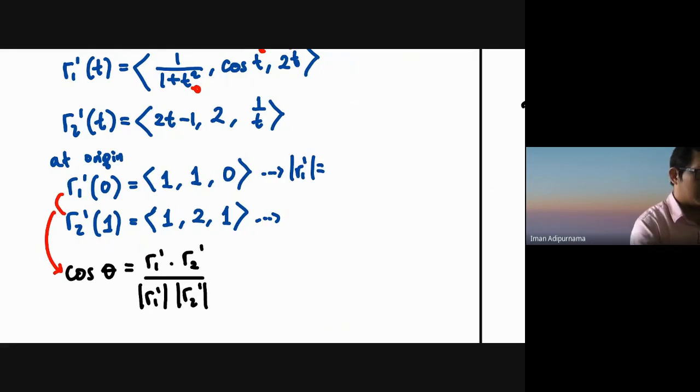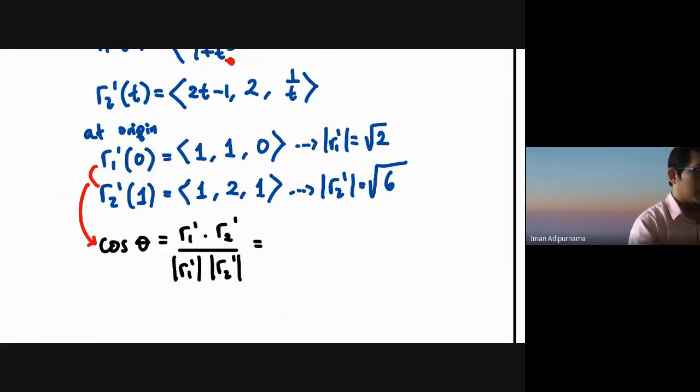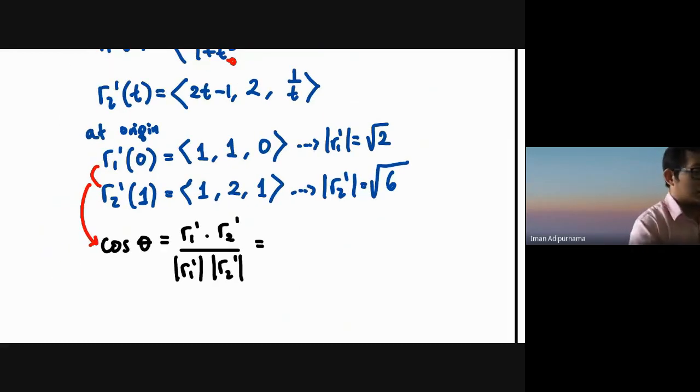The first tangent is square root of 1 plus 1, which is square root of 2. The magnitude of the second tangent is square root of 1 plus 4 plus 1, which is square root of 6, right? Okay, got it? And then we can apply to here. R1 prime dot R2 prime is 1 plus 2 plus 0, divided by square root of 2 and square root of 6.